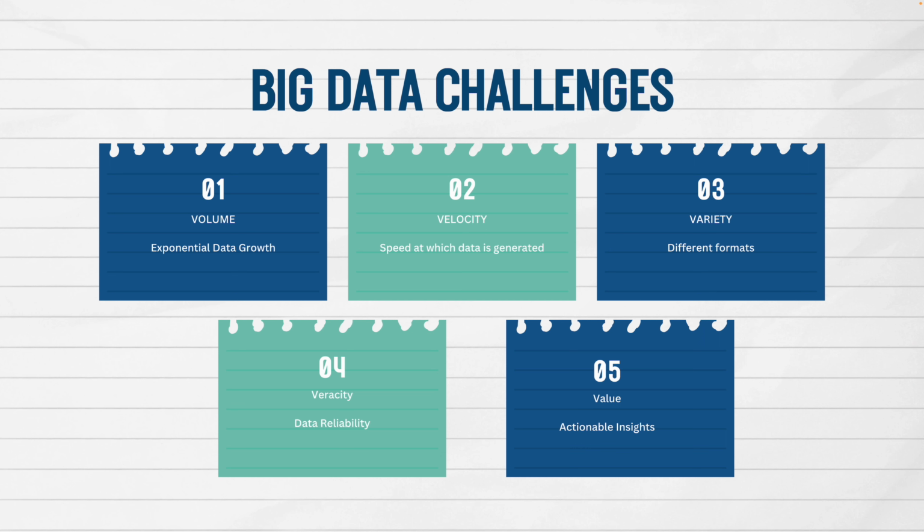Now the third one is variety. With the growing data and the speed with which we need to collect or process this data, there is also variety. There is data in various formats: structured data, semi-structured data like JSON and XML, and unstructured data like free text, images, and videos.